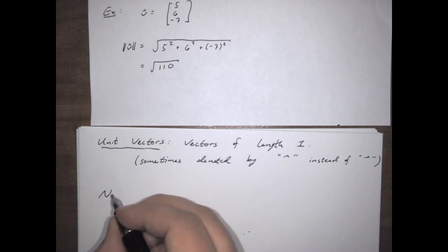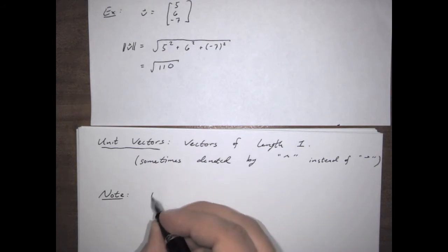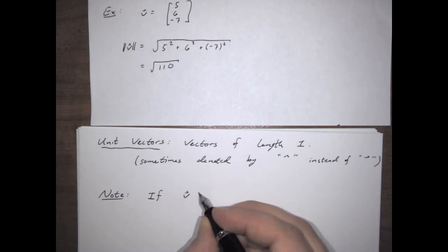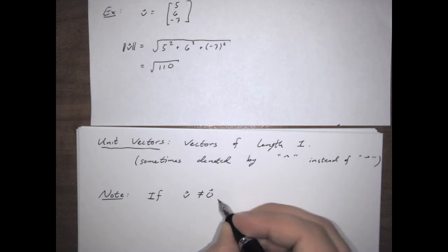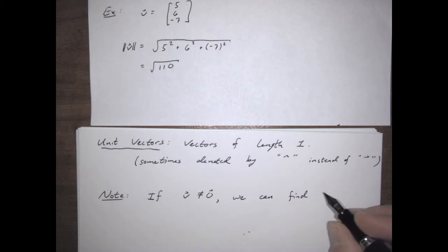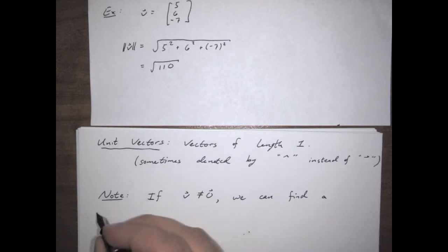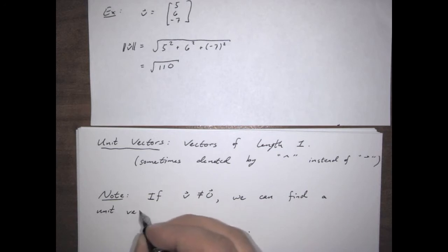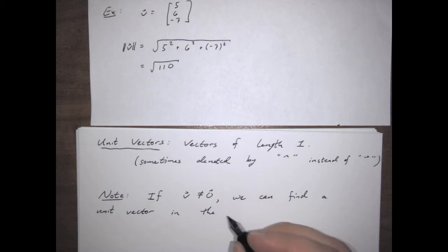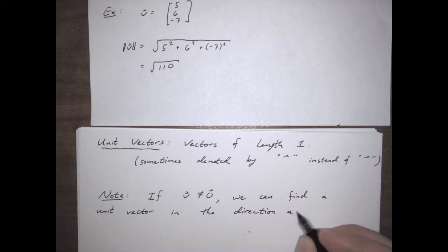So note, if v is not equal to the zero vector, we can find a unit vector in the same direction as v by doing the following.